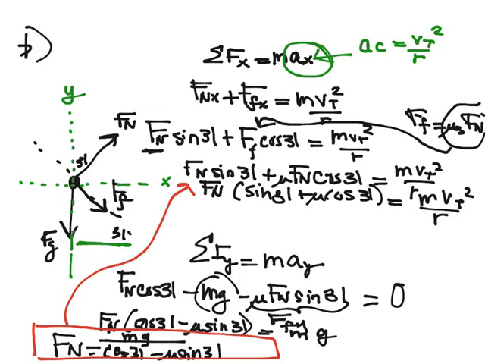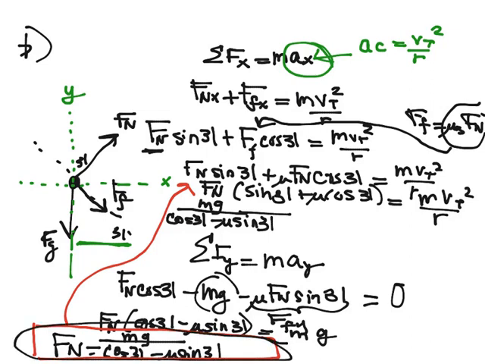For Fn, I'm going to put in my mg divided by cosine 31 minus mu sine 31. Again, I'm just substituting this expression in for Fn times sine 31 plus mu cosine 31 equals mvt squared over r.